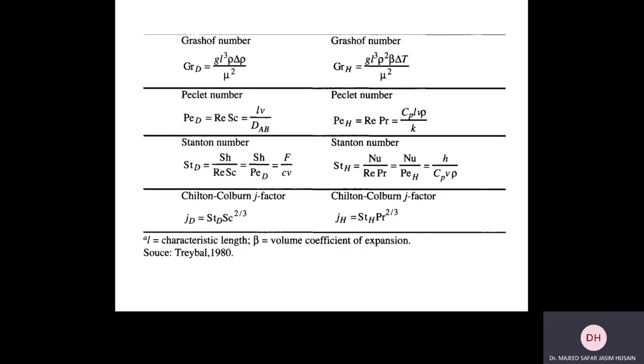There is another form also, called the Chilton-Colburn J factor. We'll deal with it in another separate lecture, but you can see J_H is equal to the Stanton number for heat multiplied by the Prandtl number to the power 2/3. Now look, for the mass transfer, instead of J_H it becomes J_D, and the Stanton number for heat becomes the Stanton number for diffusion, which is mass transfer.